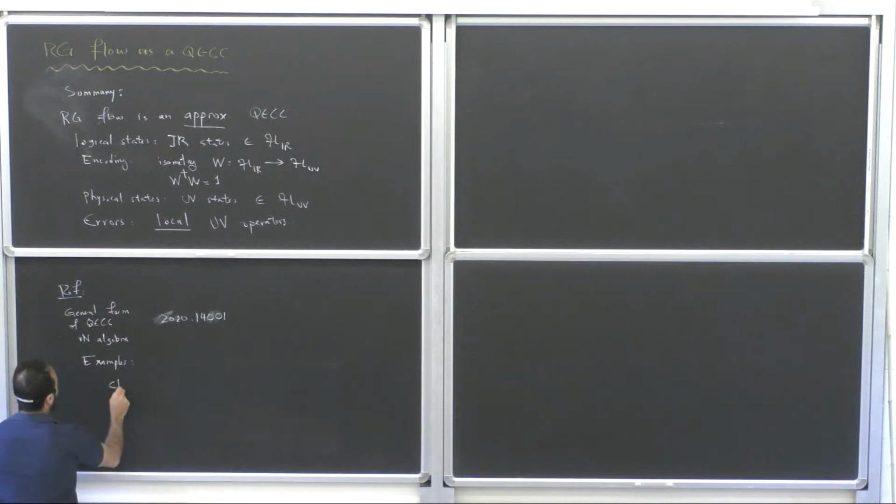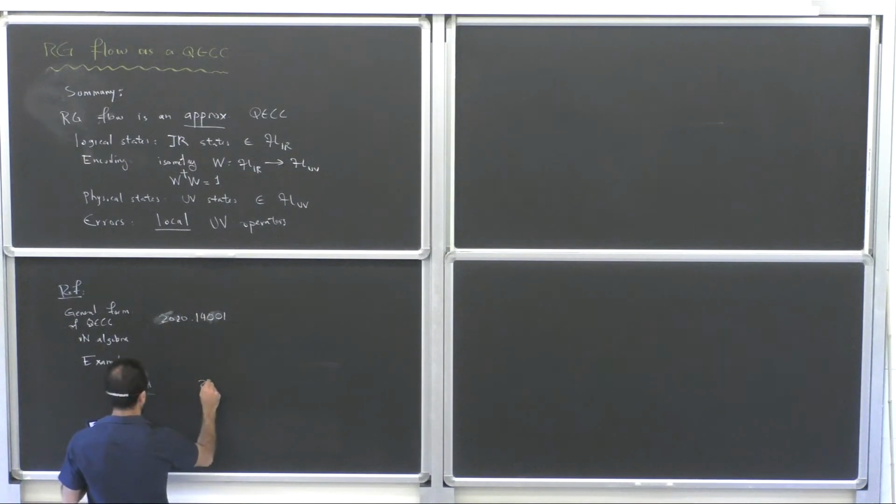We worked out an example of a continuum renormalization group for continuous quantum field theories, Poincare invariant quantum field theories, formulated in terms of continuous MERA. This was in this paper.